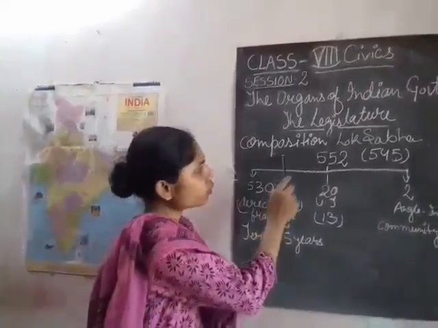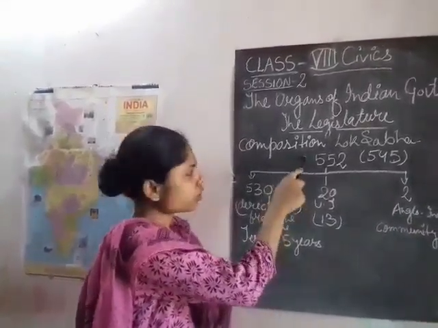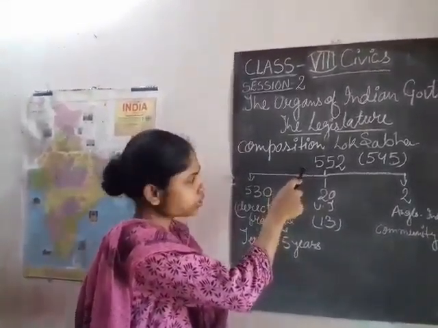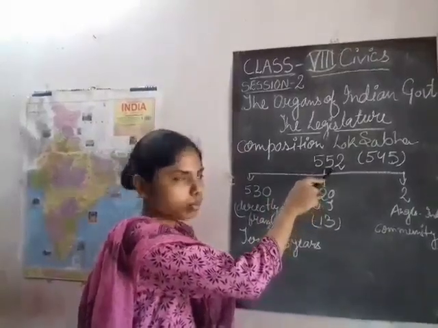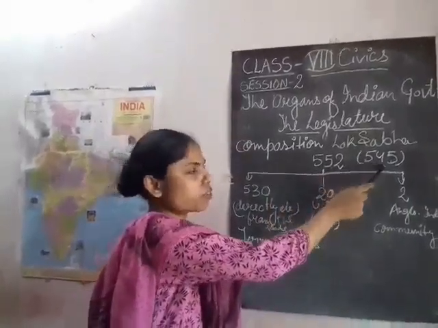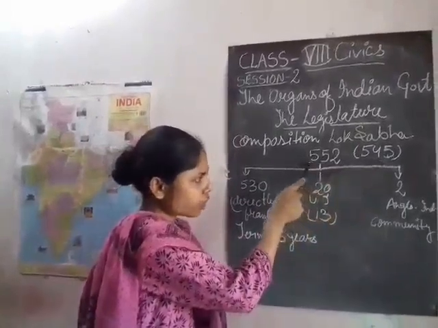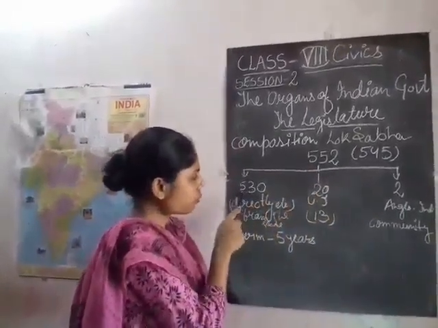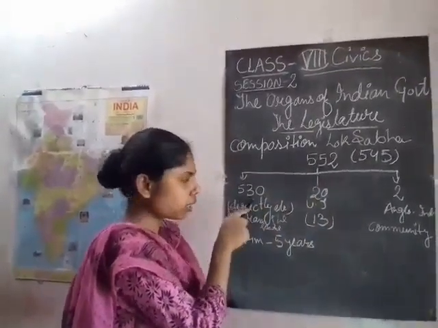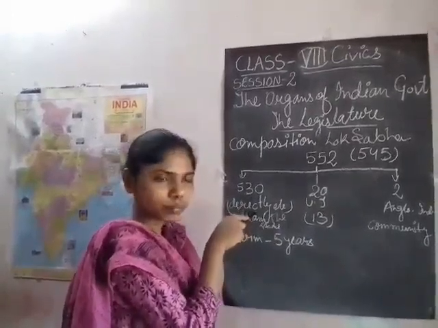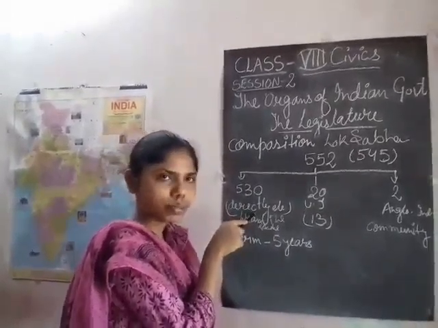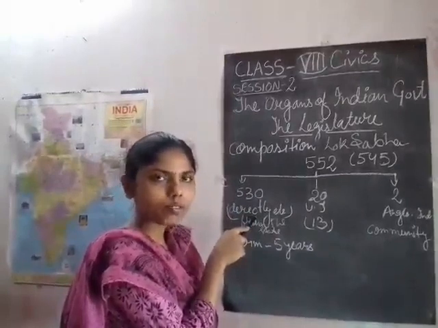Now I'll explain the composition of Lok Sabha. The Lok Sabha consists of 552 members, but now it has 545 members. Out of 552 members, 530 members are directly elected. Directly elected means these members are elected by the citizens of India.